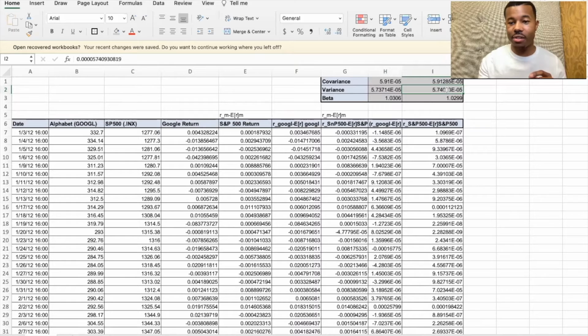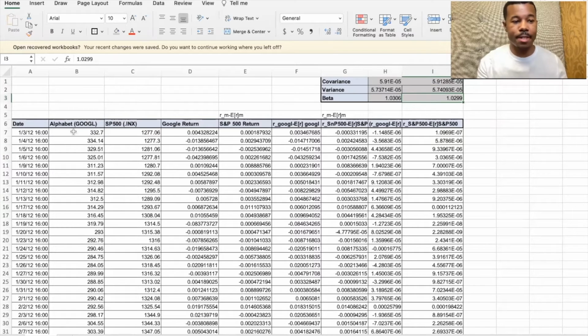It's 0.0000574093, that's the variance of the S&P 500. And this is the covariance, the S&P 500 and Google multiplied together. Long story short, when you divide the two, you get this number, 1.02, using all this data right here.